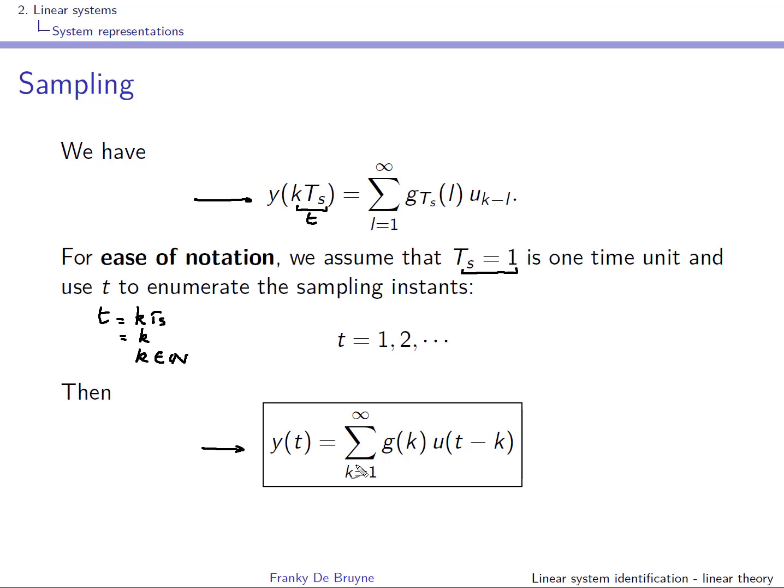So y of t is a sum from k equal to 1 to infinity of g of k, u of t minus k. This is the expression that we'll use for the convolution sum in this course.